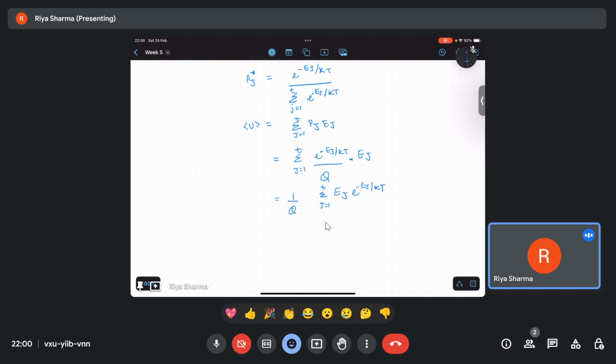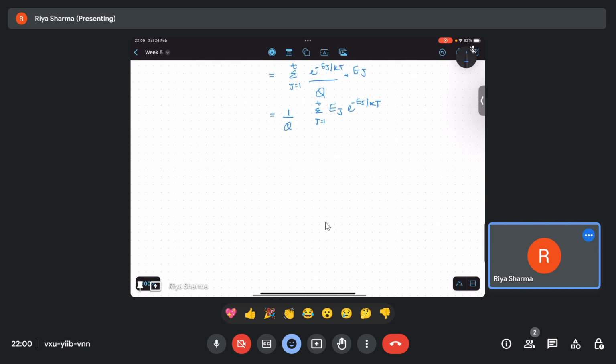Since 1 by kT is equal to beta, I will write 1 by Q, the summation from j equals 1 to t of Ej into e raised to the power minus beta Ej.